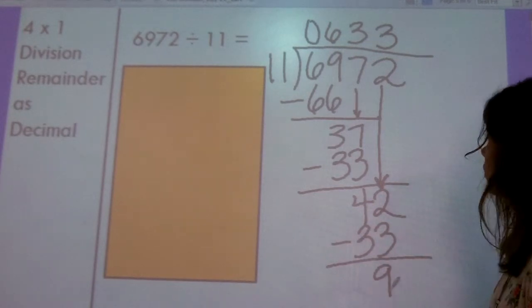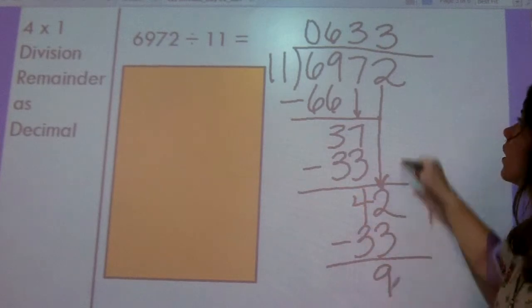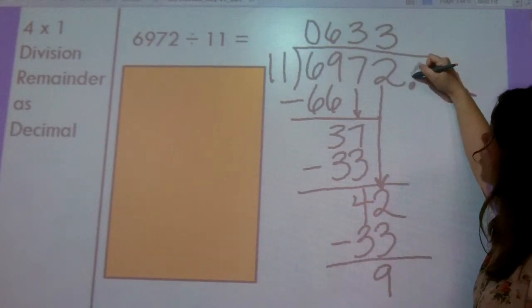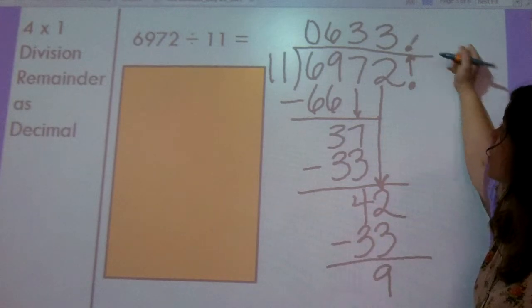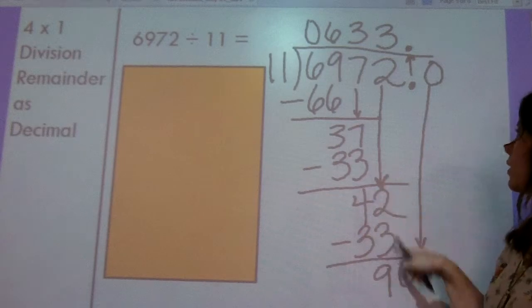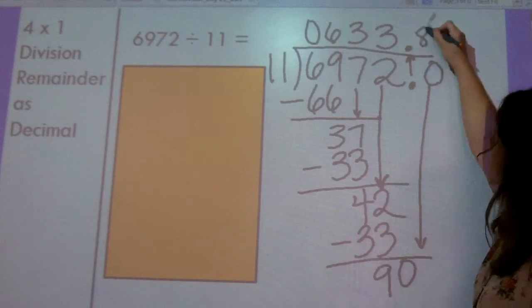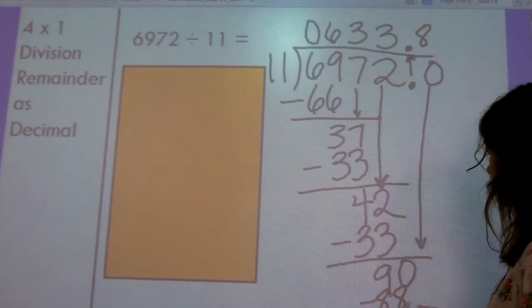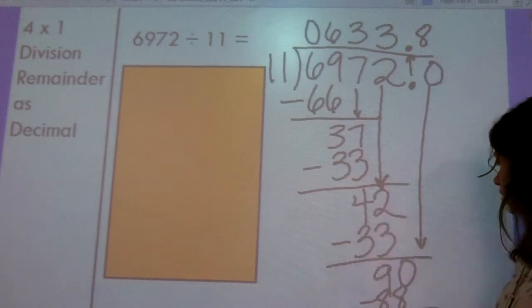But now we know that if 11 doesn't go into 9 and I'm out of numbers in my dividend, I can add a decimal, bring it up, and then add a 0. 11 goes into 90 8 times, because 11 times 8 is 88. 11 doesn't go into 2.